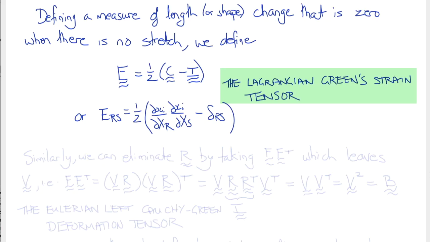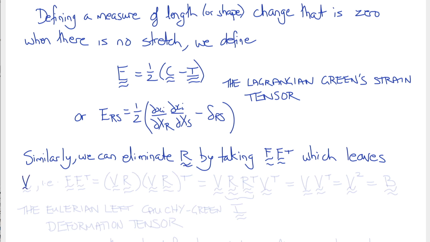So similarly, we could also eliminate R from F by taking the product F F transpose instead of F transpose F. This now, instead of leaving U, leaves V, i.e. F F transpose equals VR times VR all transposed, and that's VR times R transpose V transpose.